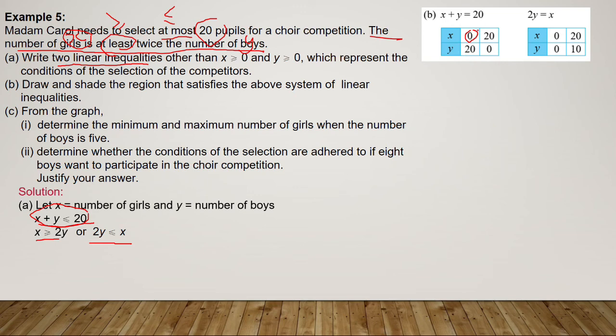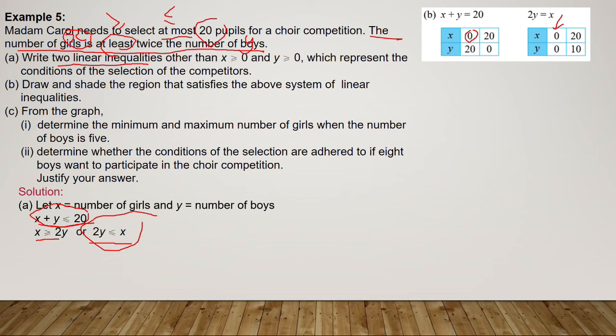And then when x is equal to 20, y will be 0. For the second equation, 2y is less than or equal to x, so you find 2y is equal to x. If x is equal to 0, then y is also equal to 0. If x is equal to 20, then y is equal to 10. I'm sure you know how to calculate this already, yeah?